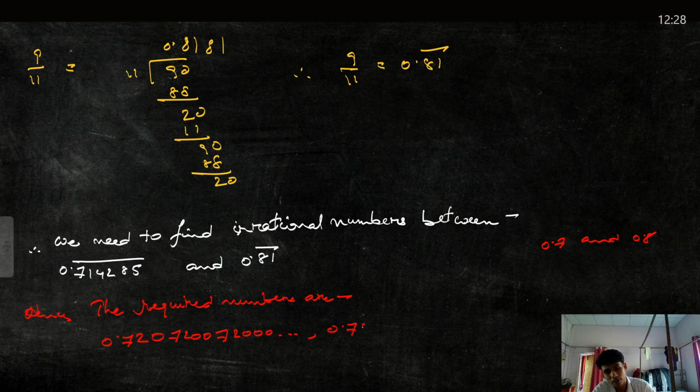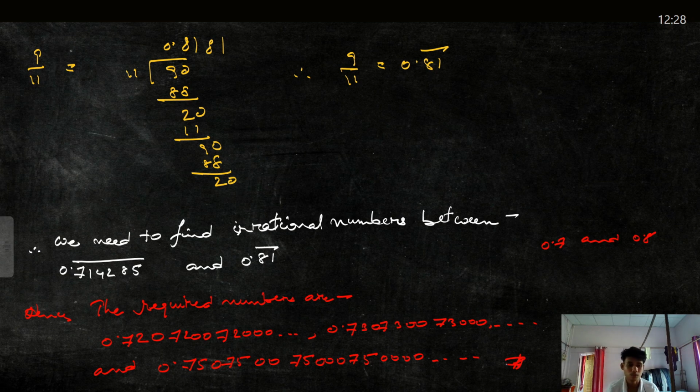Then 0.730, 7300, 73000, and it would continue. And lastly 0.750, 7500, 75000, and it will continue. This is the required answer.